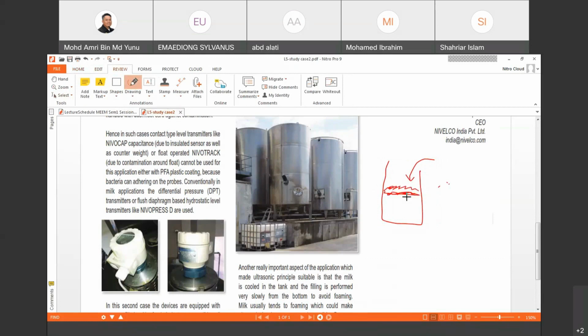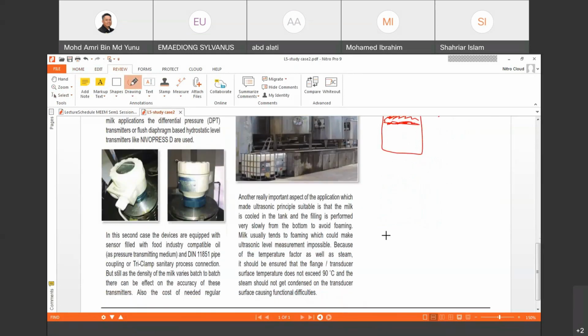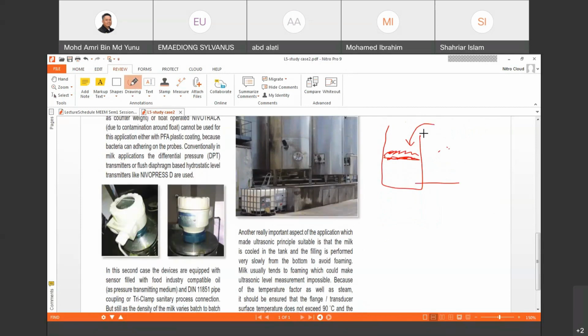So what they do is fill the milk from the bottom instead of from the top. There is a pipeline from the bottom, so the milk comes from the bottom and the level rises slowly, which avoids the formation of foam.